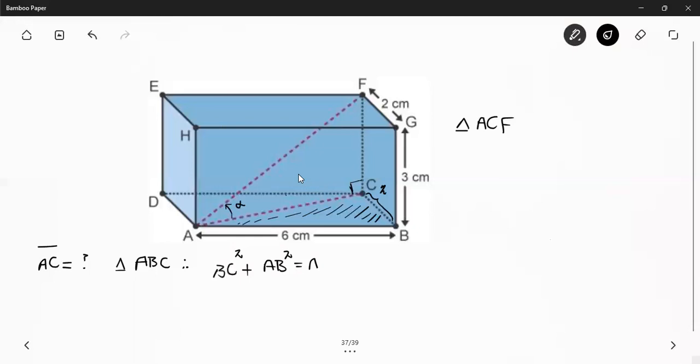It's BC, this length, which is 2 squared, plus AB, this length, which is 6 squared. It gives me AC squared.